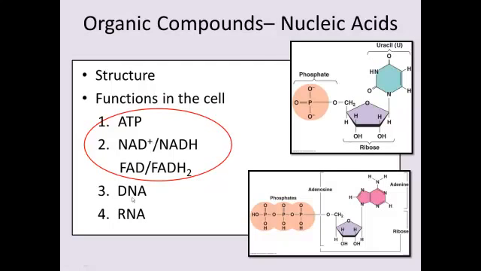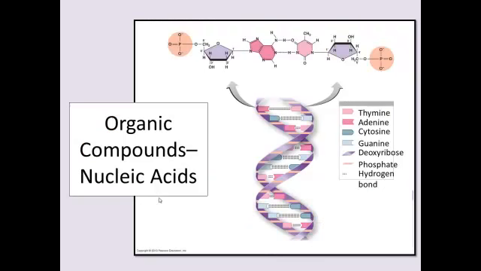Okay. Now, DNA and RNA function in information transfer within the cell. They transfer information on how to make proteins from the genome to the rest of the cell. And we'll be talking about that in more detail. Let's look at the structure of DNA.